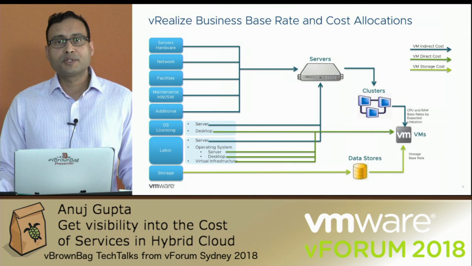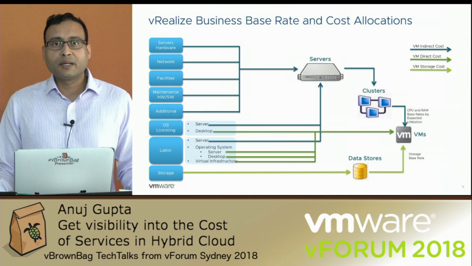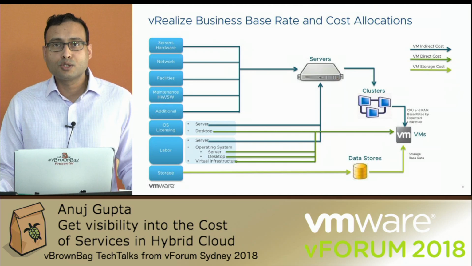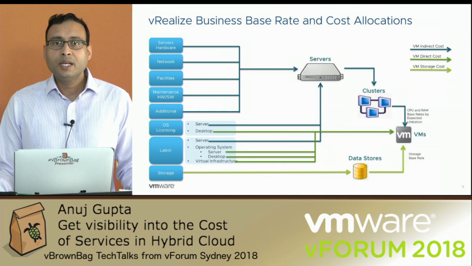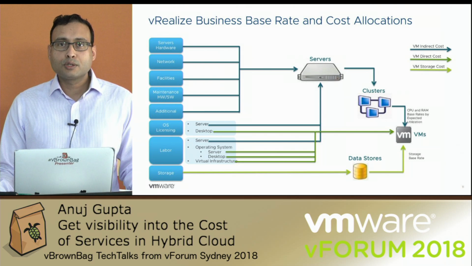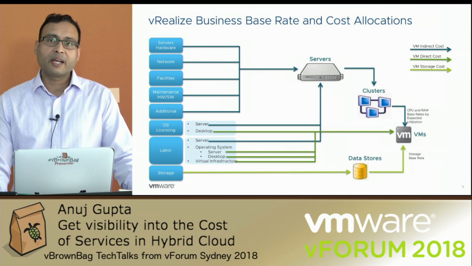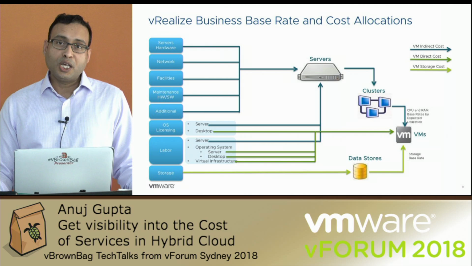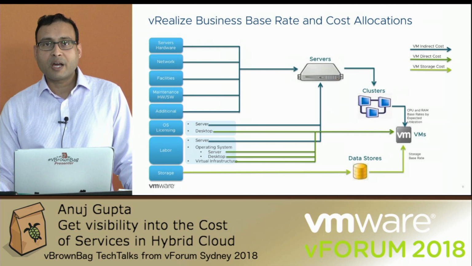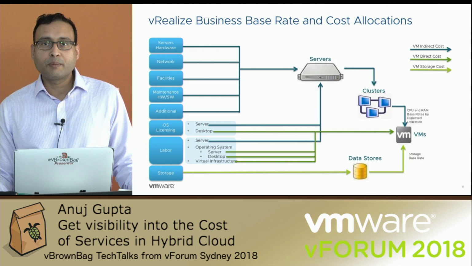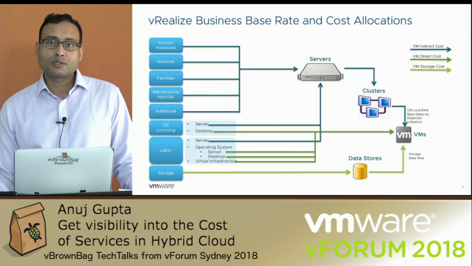And then of course you have storage, because it might be sitting on a tier 1, tier 2 kind of storage, and based on the amount of storage it is consuming from your underlying hardware, you have a cost associated with that. So that way you define the base rate for CPU, memory and storage and additional cost drivers, and you can attach these base rates based on the configuration of the VMs and other parameters to actually do a service costing process.